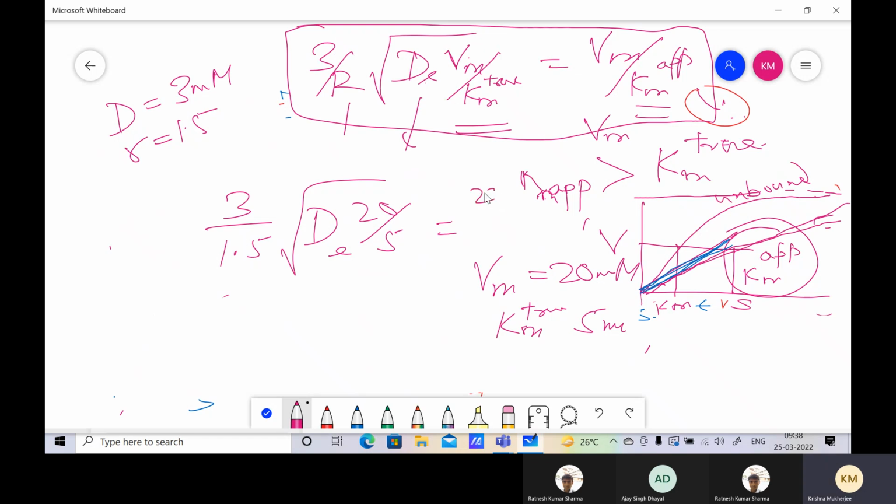So Vm by Km, 20 was the velocity, and suppose we find out Km apparent as something, right? Km apparent, let us say it is 30. So it is 20 by 30. So what is DE equal to?